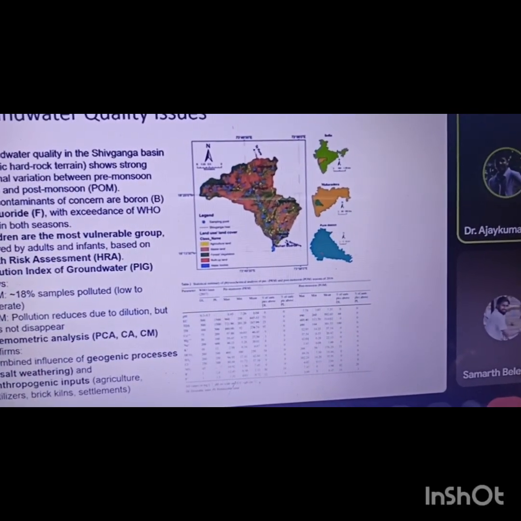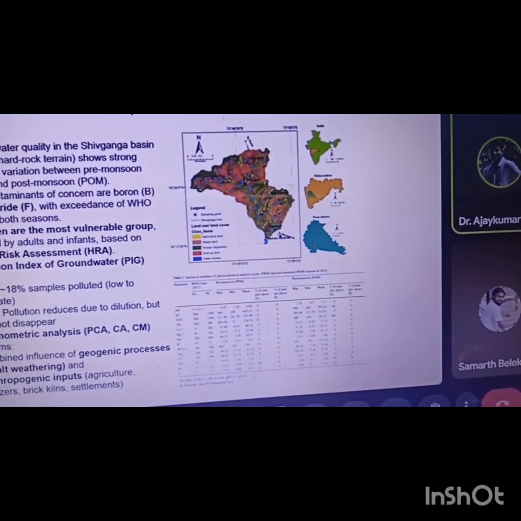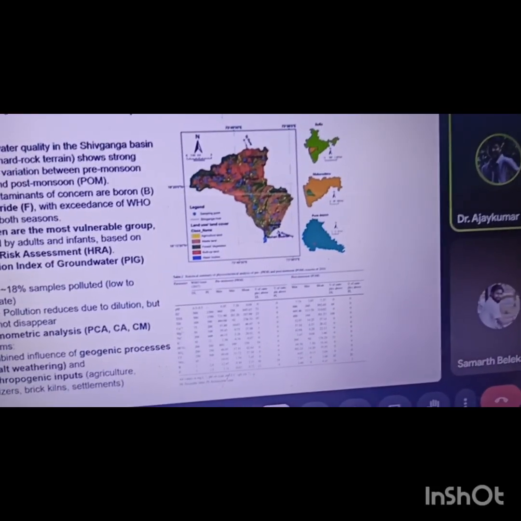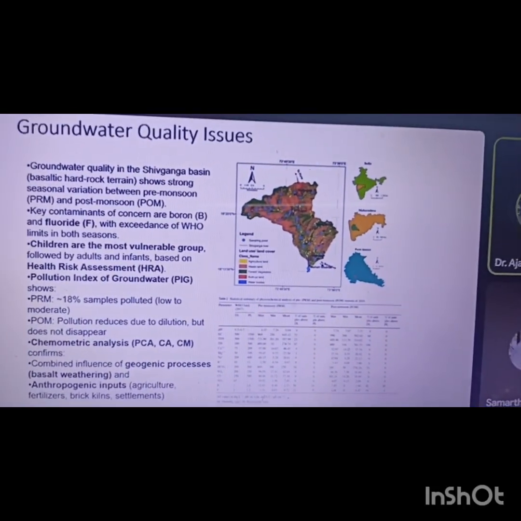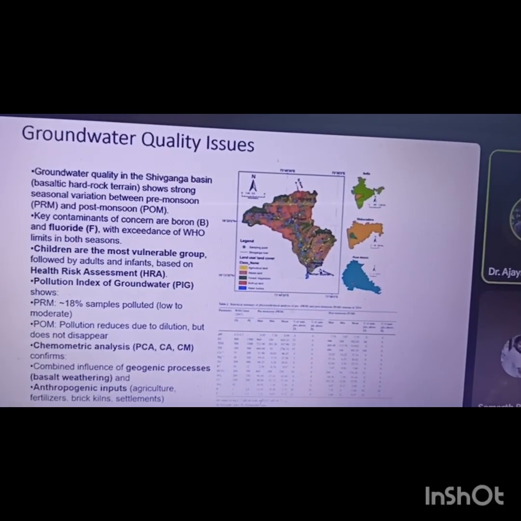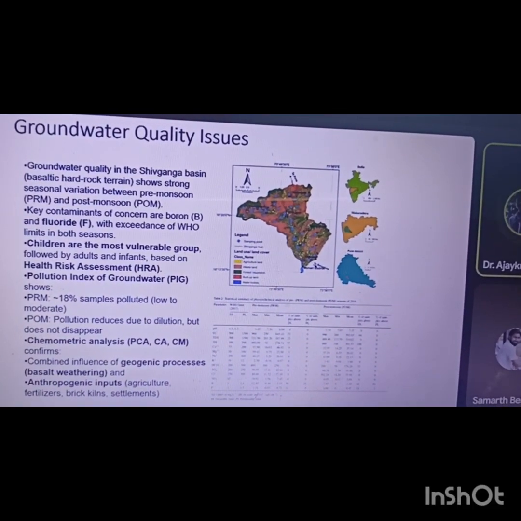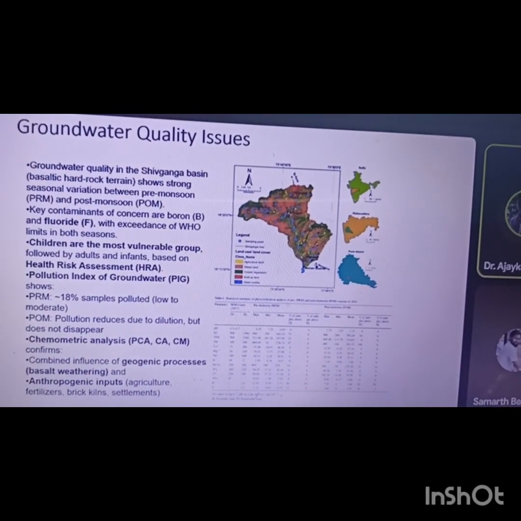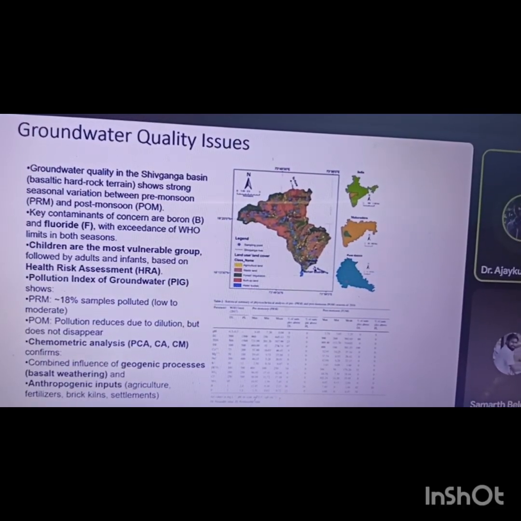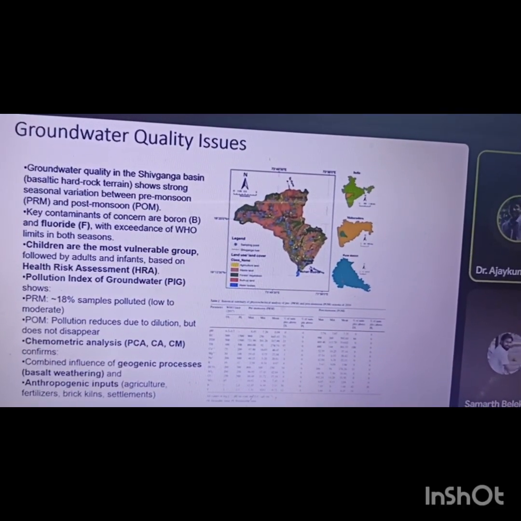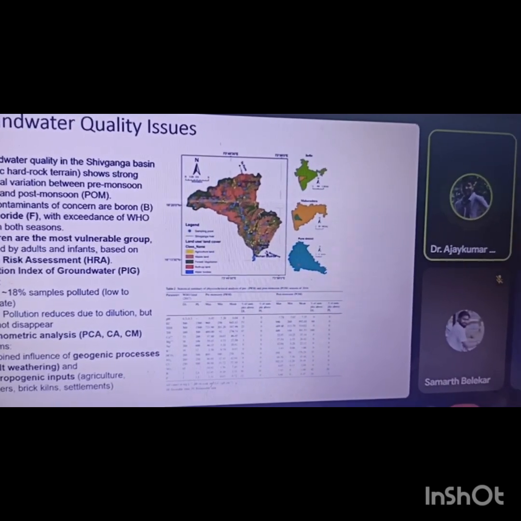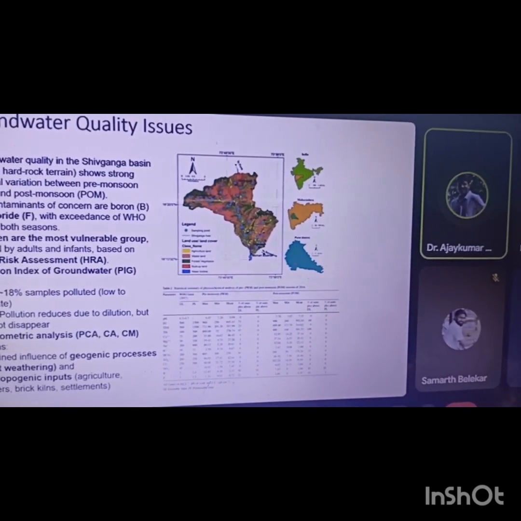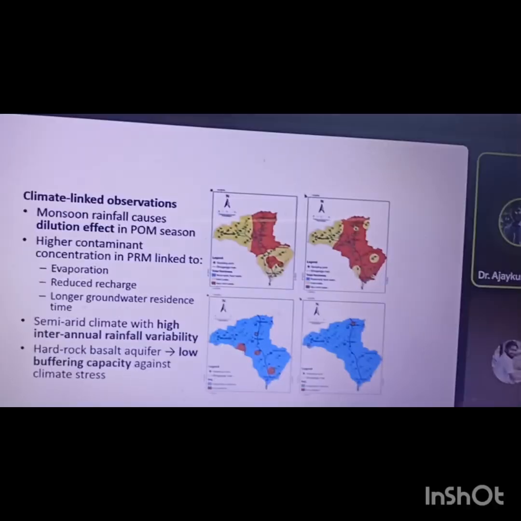We identified that 18% of the samples are polluted, low to moderate, and post monsoon there is dilution due to rainfall. But which samples are polluted? For that, we went for contaminant analysis, like boron and chloride, which exceeded the WHO limits. So we map that data over here.